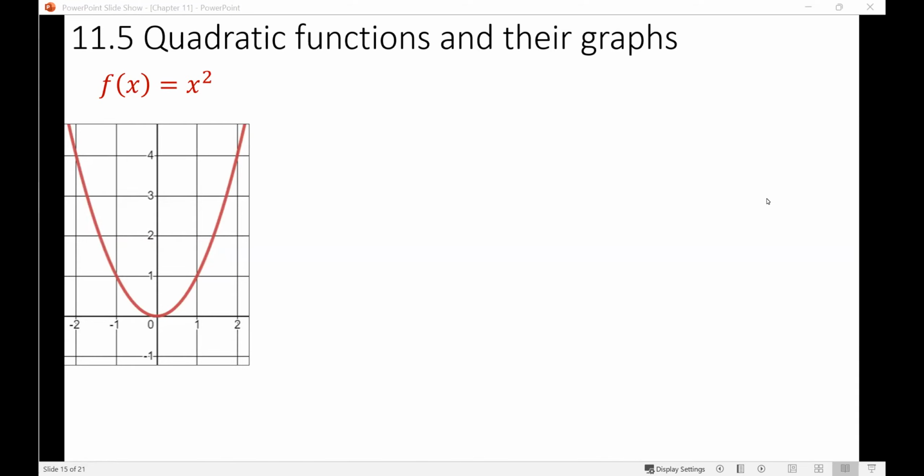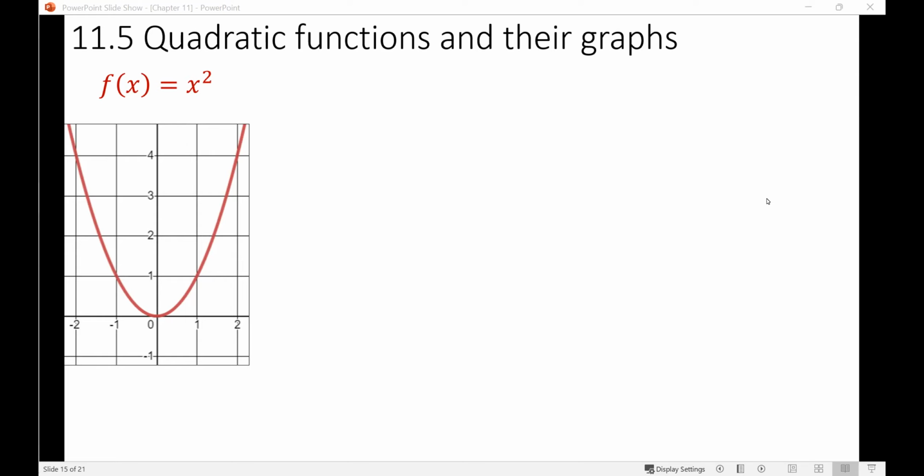The most basic quadratic function is f(x) = x squared. When x is 0, our function is equal to 0. And when x isn't 0, our function is equal to whatever x is squared.